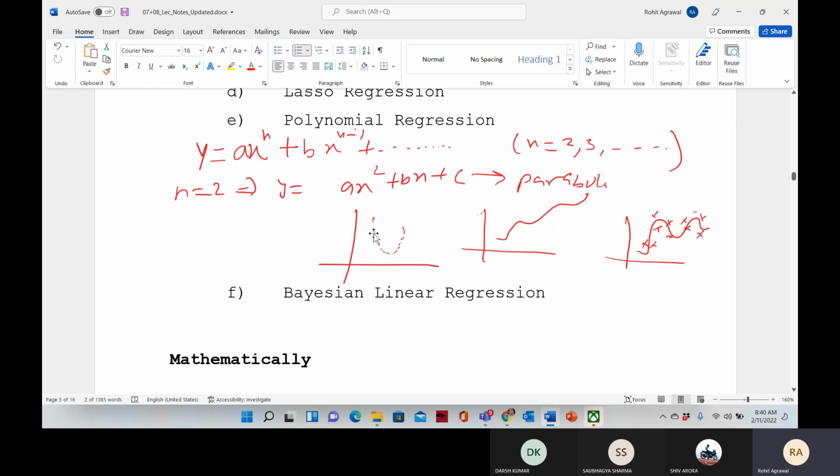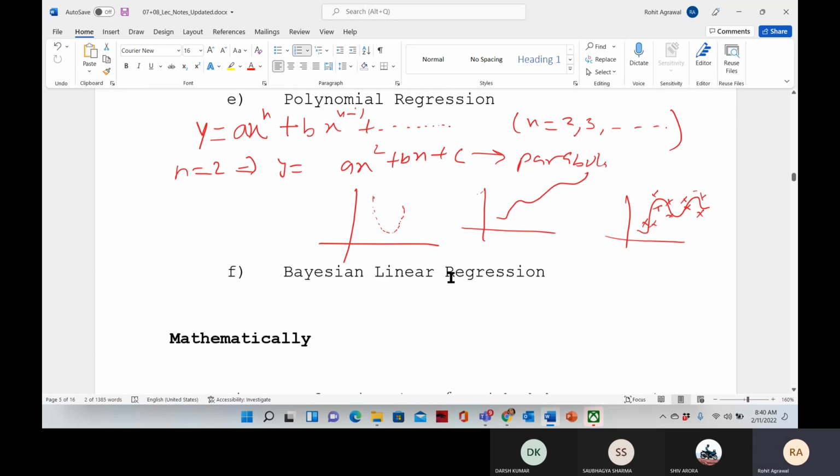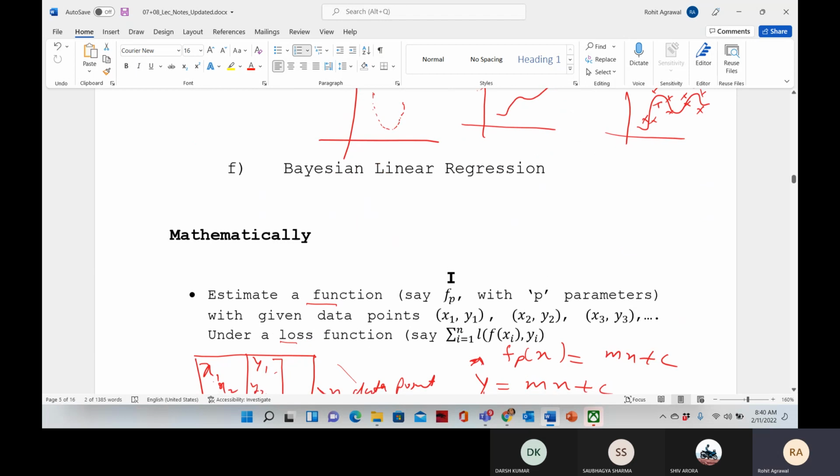If we are having some data points and linear regression is not fitting them, then there may be the possibility of polynomial curve fitting, like y equals a x to the power n plus b x to the power n minus 1 and so on. And Bayesian. So these things we discussed.